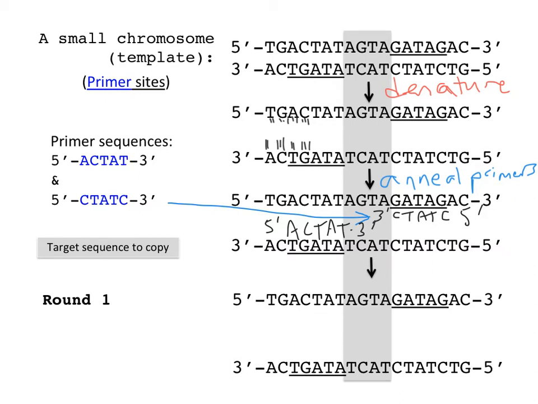Most of the time, the DNA sequences for primers are unique enough that you don't have issues with how the chromosomes come back together when they re-anneal. That's the annealing step. Whatever primer sequences you've added to the mixture find where they base pair with the template DNA, the chromosome that you added.